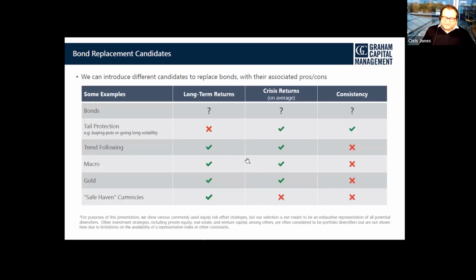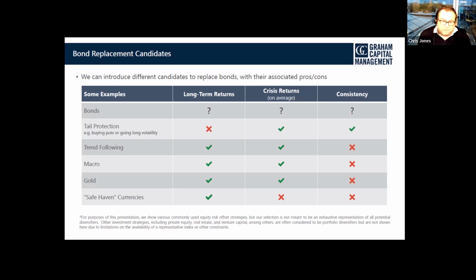So the stuff in the toolbox, not exhaustively, but certainly to a great degree, is bonds, which we've talked about already, and tail protection, for example buying puts on equities, buying equity volatility. It's trend following strategies, which are notably convex, systematic strategies trading liquid markets.